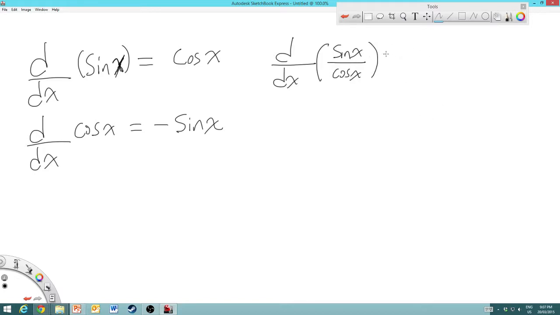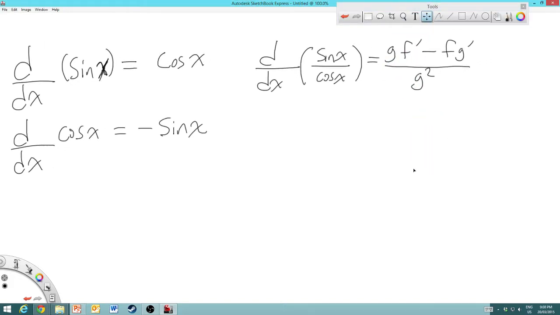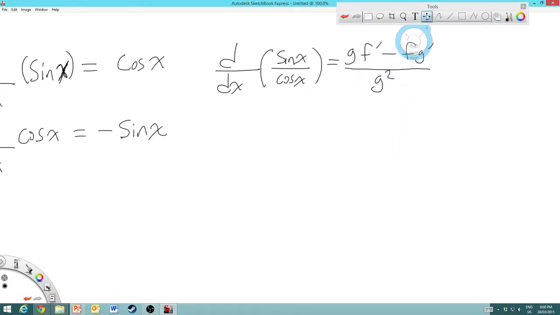And using our knowledge of quotient rule, we can say the following. This is really g times f prime minus f times g prime, all divided by g squared. In this case, g is cosine, so this will be cosine times f prime, where f is sine, so the derivative of sine we just saw was just cosine.